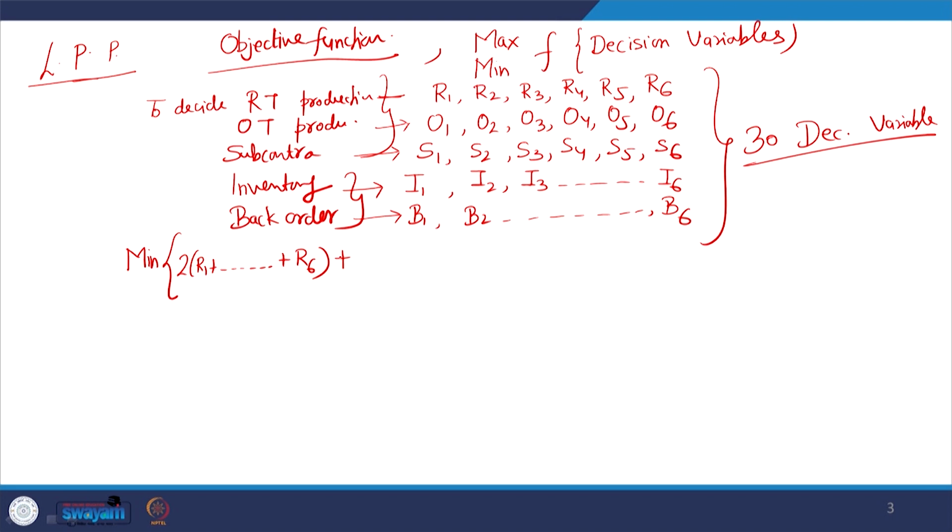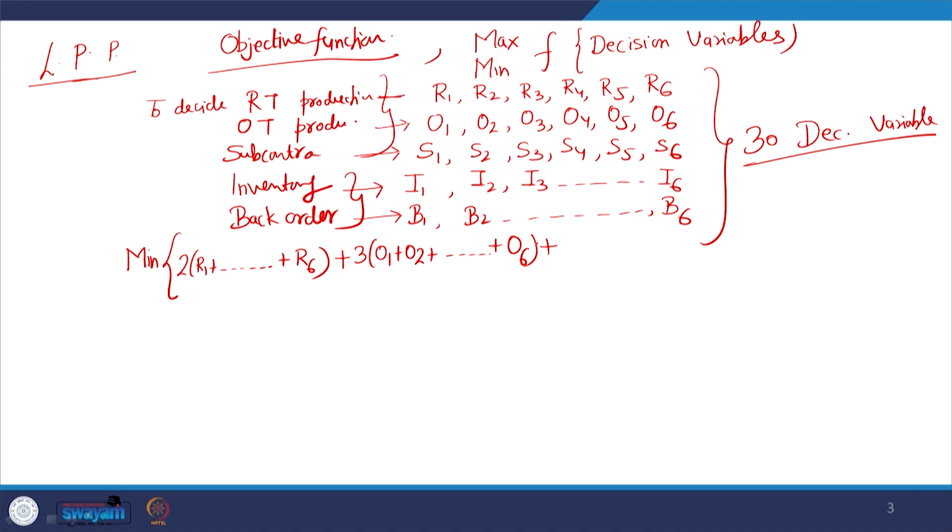The second is overtime production. The overtime cost of production is $3 per board. So, the number of units which I am going to produce in overtime are O1 to O6. So, 3 into O1 plus O2 and up to O6.